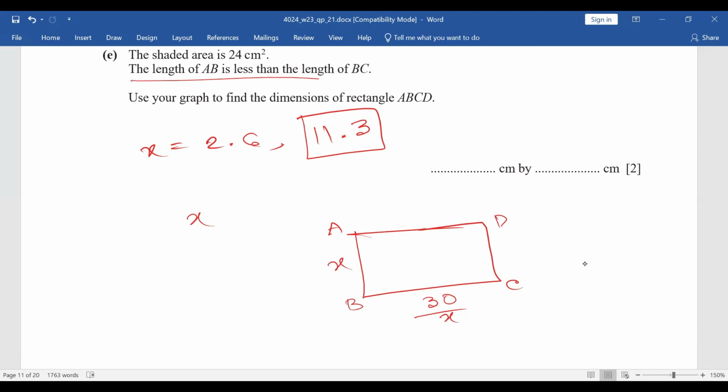The length of AB is less than the length of BC, so AB equals 2.6 and BC will be 30 by x, or 11.3. Both are the same actually. The length is 11.3 and the width is 2.6. So the dimensions are 11.3 centimeters by 2.6 centimeters approximately.